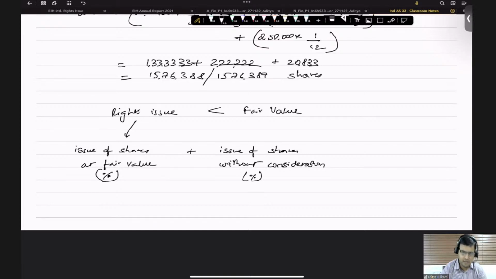Just the concept. How to calculate, we will be discussing that. But as of now, if you have understood the concept, I don't need anything else. So now let us actually proceed to look at the concept. All right.